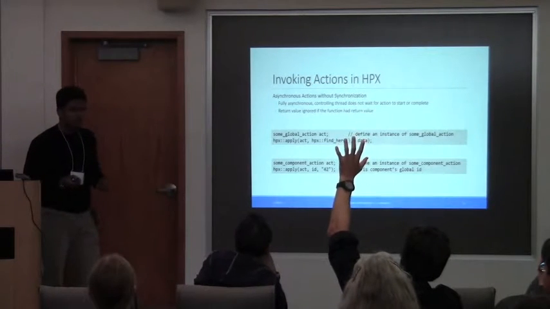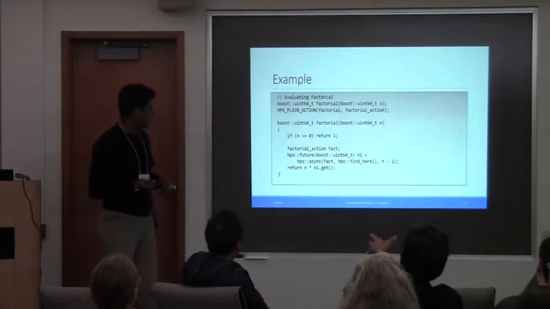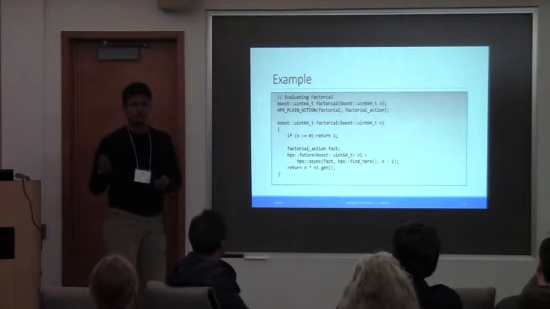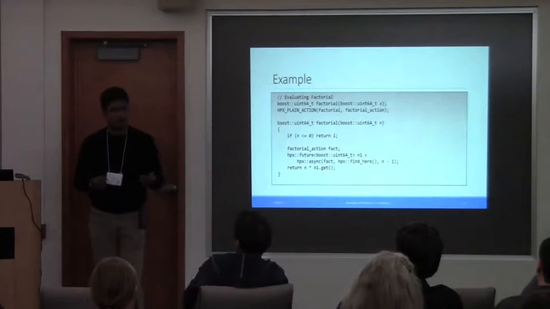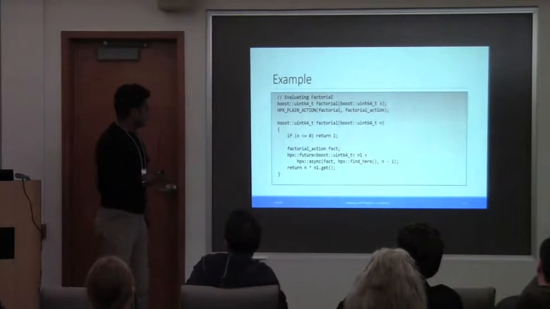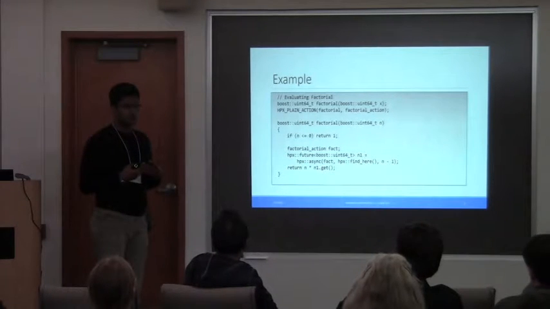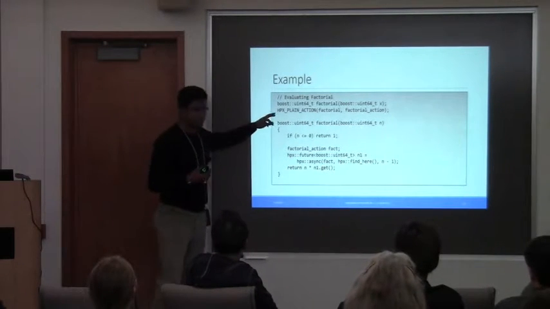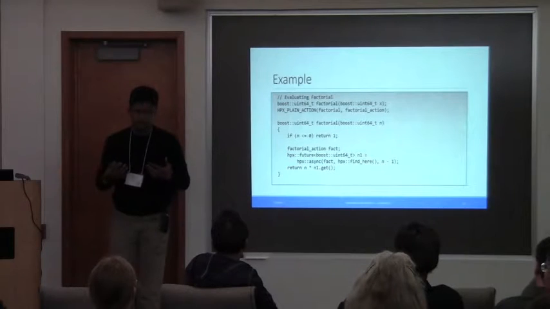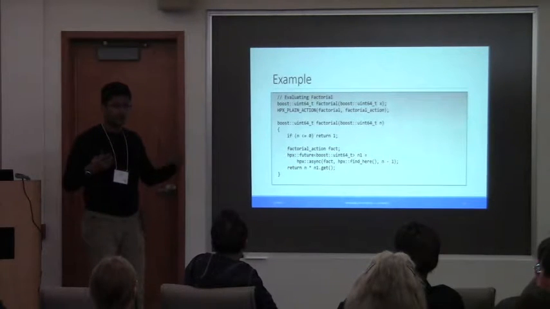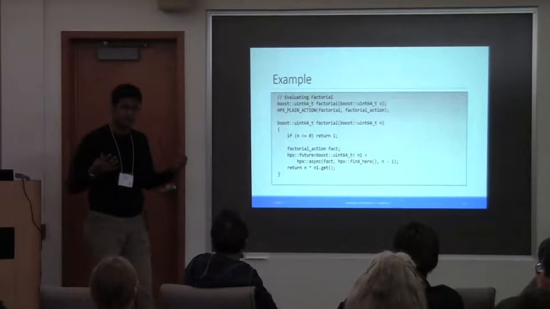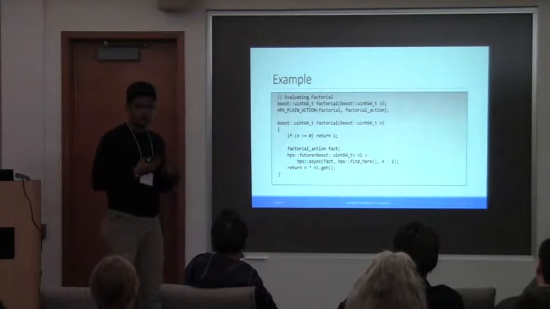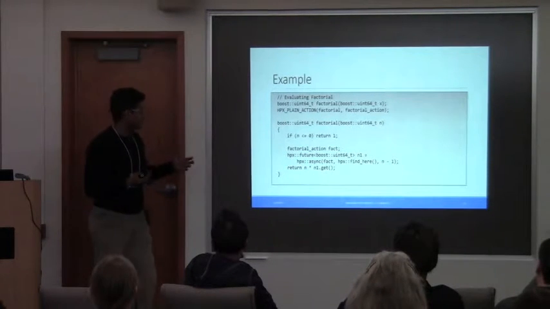I have a question. Sure. How do you ship over the code from one node to the other? So the question was, how do you ship the code from one node to the other? The macro we define over here allows the runtime system to figure out what systems can support that object.